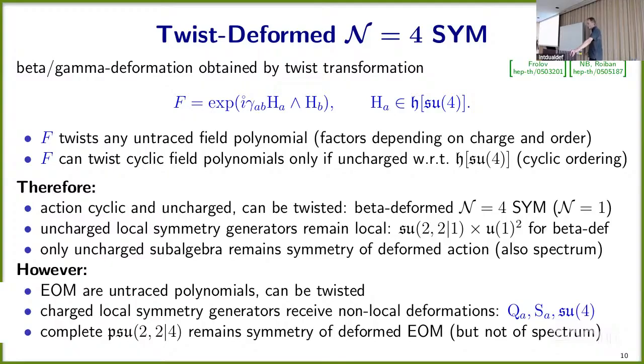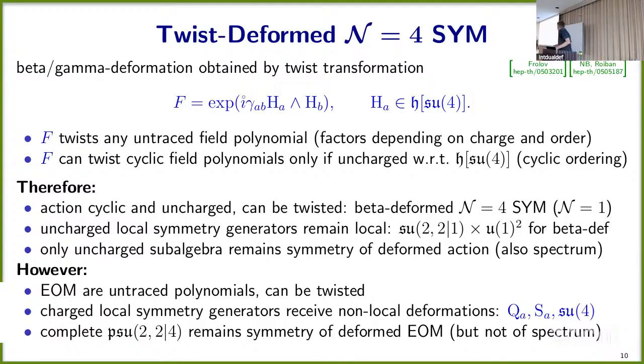That is, here you break 3 of the supercharges and 3 of the superconformal charges and almost all of SU4. So that gives you a funny situation in the sense that you have a complete PSU(2,2|4) superconformal symmetry that remains as a symmetry of the deformed equations of motion. It's not a symmetry of the spectrum though, but it's still there.